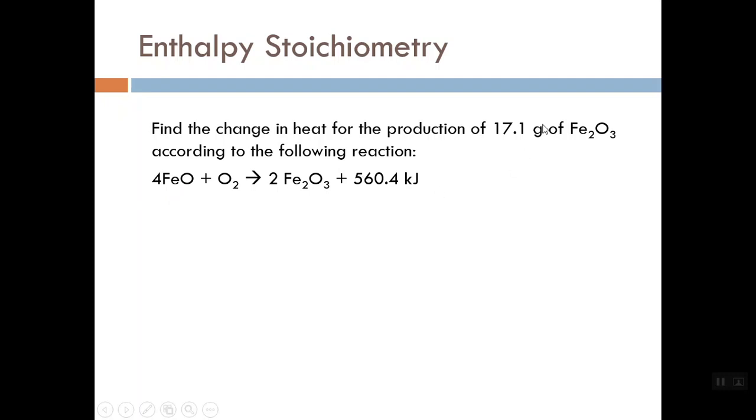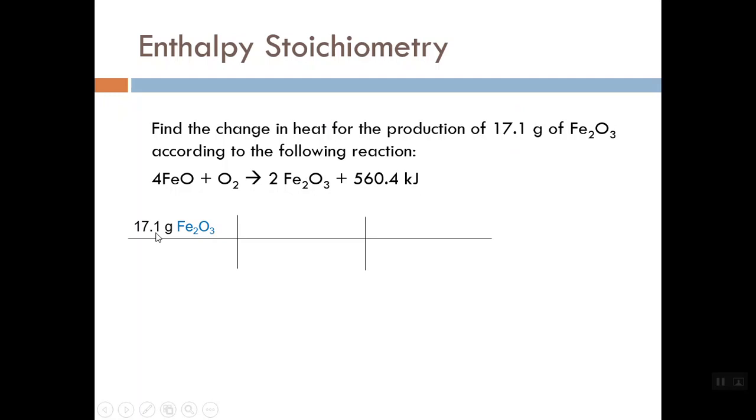So in this case, we're focusing on 17.1 grams of iron 3 oxide, and so that's where we're going to start in our fence. Now, this is a little bit different from the stoichiometry that we were doing before, where I was using that picture, the grams of A to moles of A to moles of B, etc. We are going from the mass of a substance to the energy to see how much energy is being released for this particular substance, right?